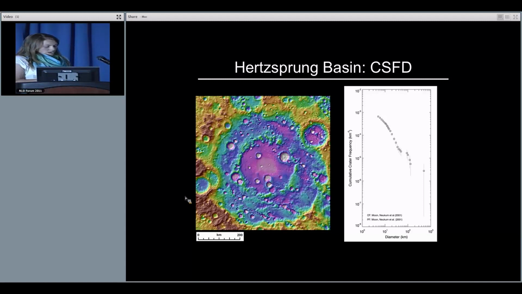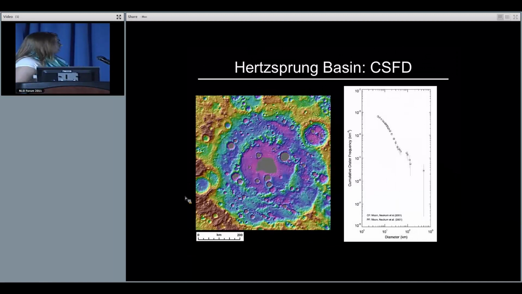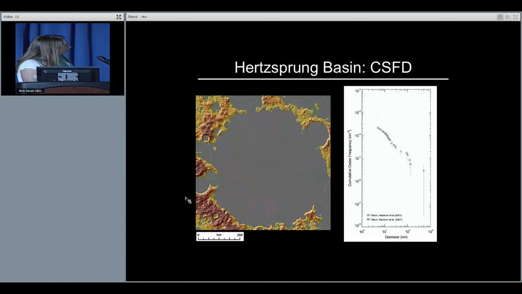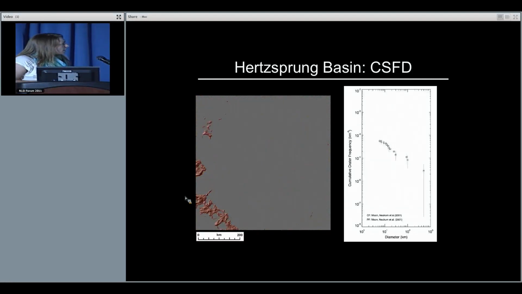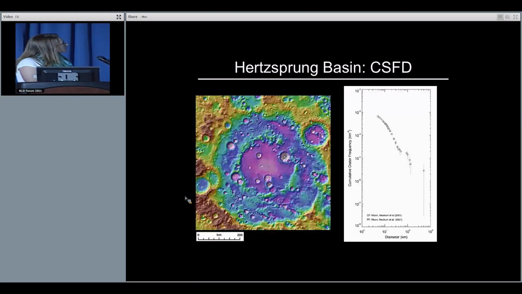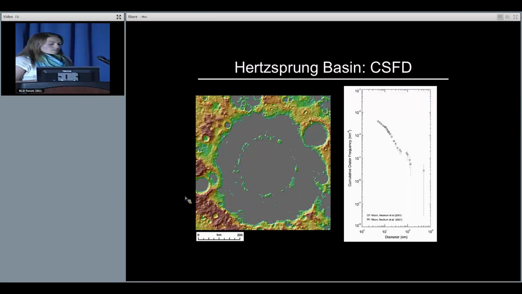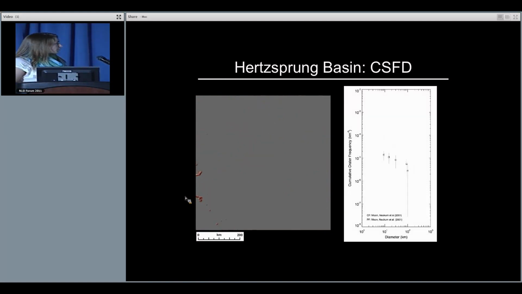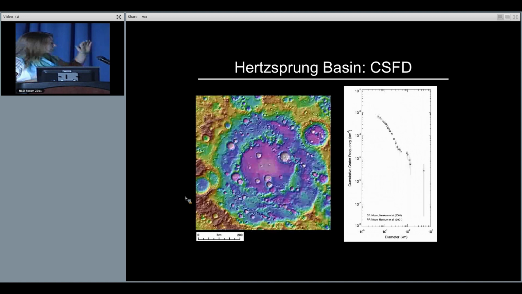But after that, you get a fairly similar evolution of this crater size frequency distribution to the heavily cratered terrain area. And so you can see these craters will all disappear. And that's particular to this area. You can see initially there are a lot of craters that are fairly large in this 30 to 60 kilometer diameter range, and they just get completely covered before the whole area has been filled.